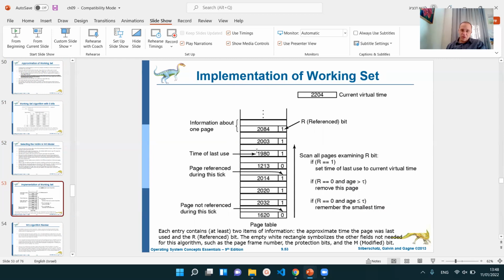Really, we could have drawn this picture with those bits also here. And then I'd have 1 bit for the reference bit, which the hardware is updating, and then 5 more bits of working set, which is being updated by the software at those time intervals. Does that make it more clear? Yes, thank you. Okay, so let's go on.